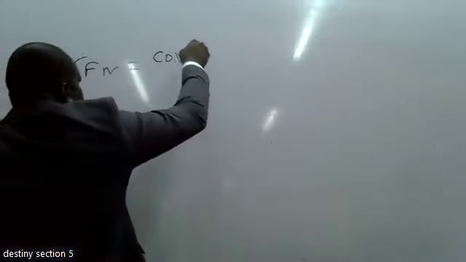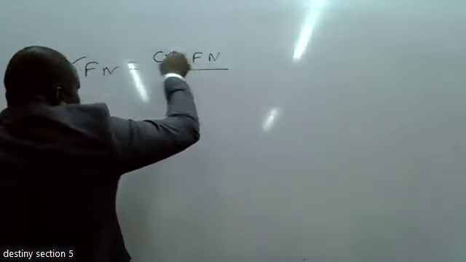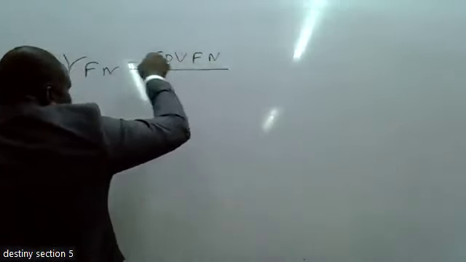To get the correlation coefficient between F and N, we simply take the covariance between F and N divided by the standard deviation for F multiplied by the standard deviation for N.